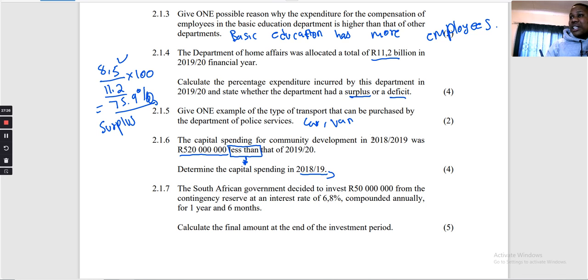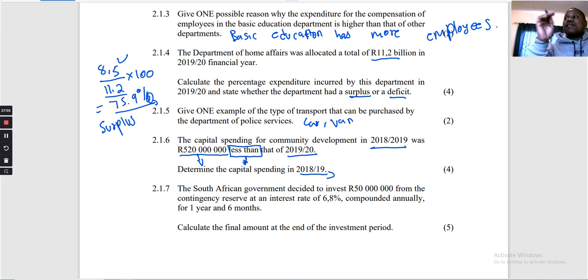The community development in 2018-2019 was 520 million less than that of 2019-2020. It means the difference between the capital spending for community development of 2018-2019 and 2019-2020 is 520 million. Okay?